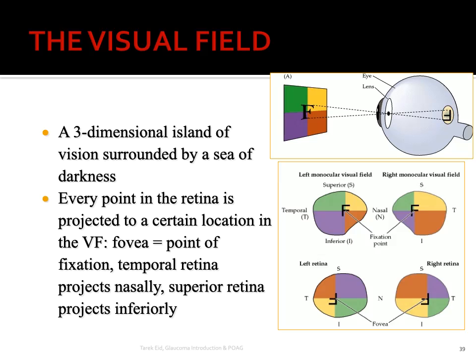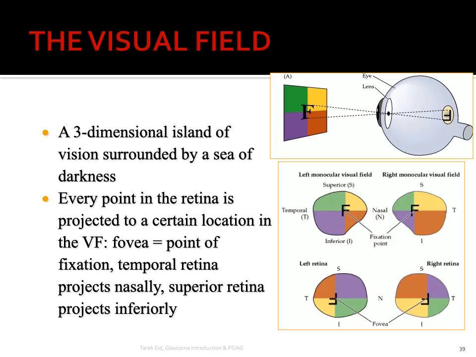And we should remember that every point in the retina is projected to a certain location in the visual field. The fovea is the point of fixation, and so it's projected straight in front of you. But remember that it's like a camera. The visual field usually is upside down and laterally reversed.